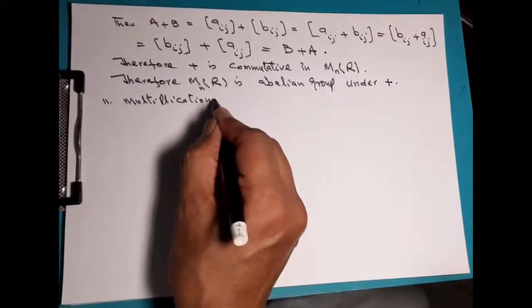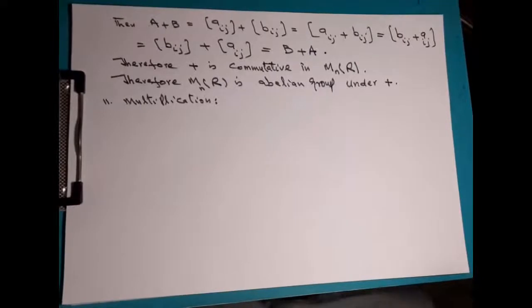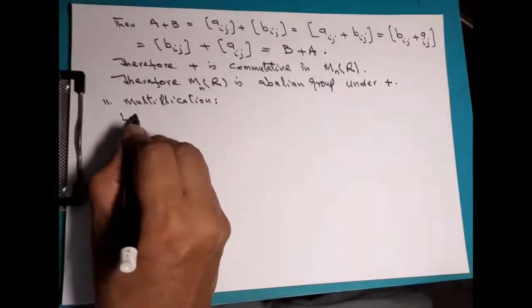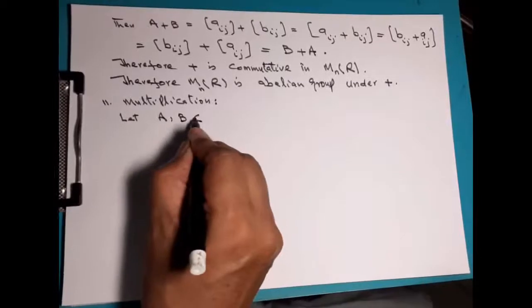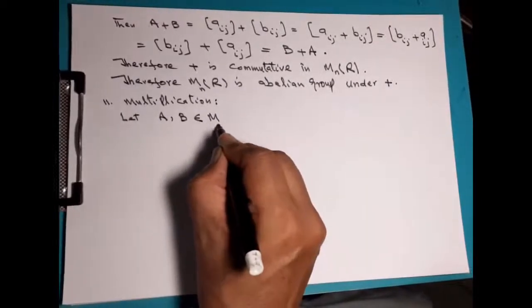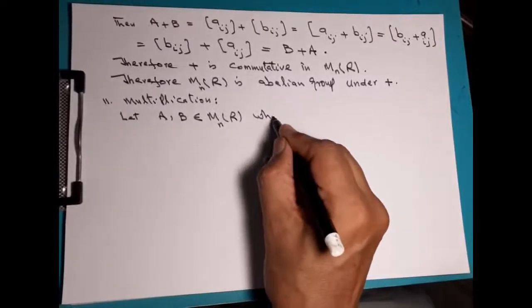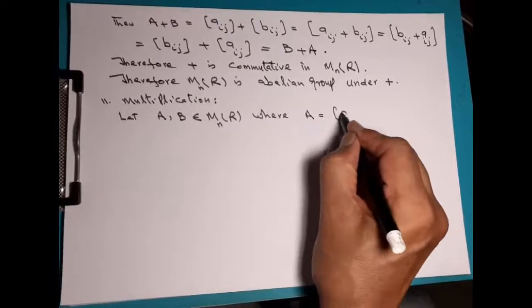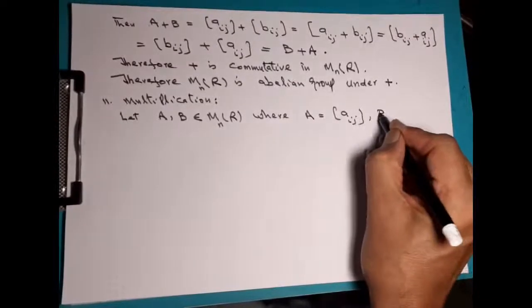First, we have to define the multiplication as we did in case of addition. So let's take two matrices or two elements of M_n(R). So let A, B belong to M_n(R), where A is equal to A_ij and B is equal to B_ij.